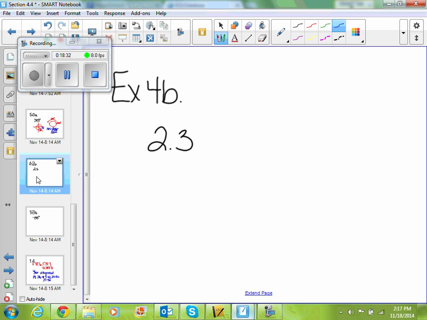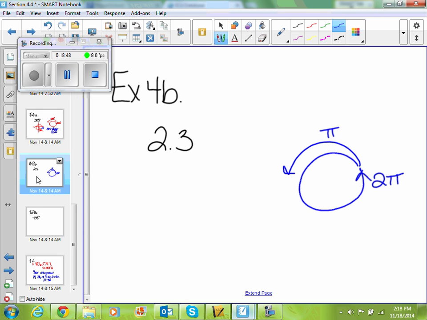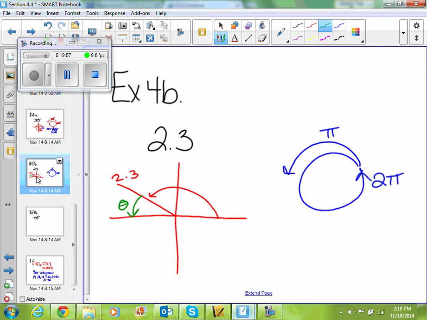If we look at 2.3, that is dealing with radians. When dealing with radians, you're either trying to get to pi or to 2 pi. You don't always have to draw these out if you just know where it's at, but in this case 2.3 is about right there. I need to figure out what to do to get to my closest x-axis.